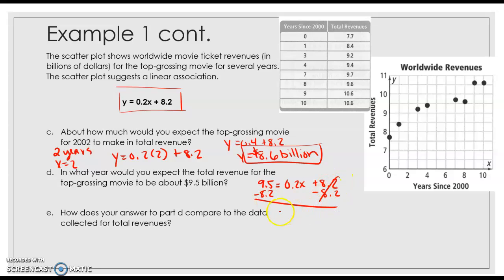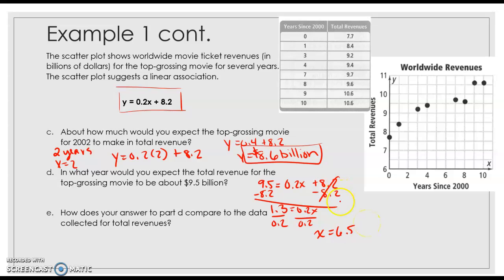This is why we had to put chapter 2 in before we came back to this graphing stuff, because we needed to talk about solving equations. When I do that subtraction, I end up with 1.3. So 1.3 equals 0.2x. Divide by 0.2 to get x by itself. And 1.3 divided by 0.2 is that x is 6.5.